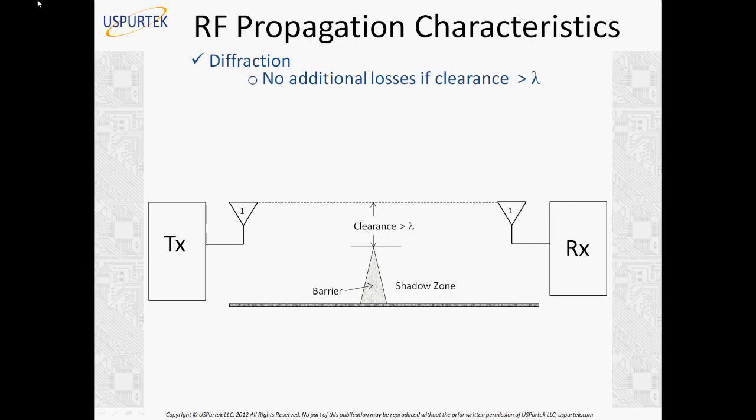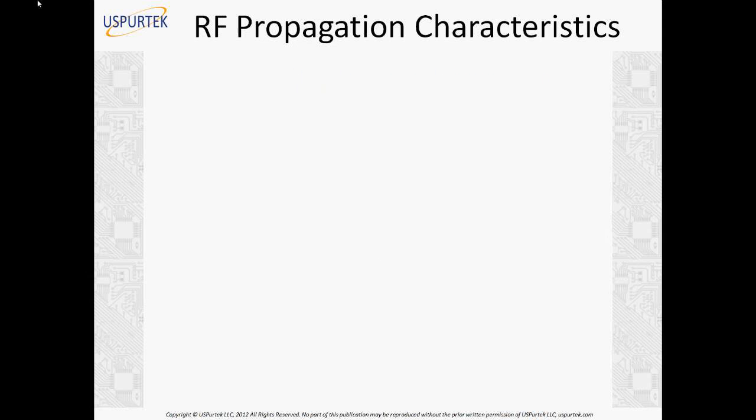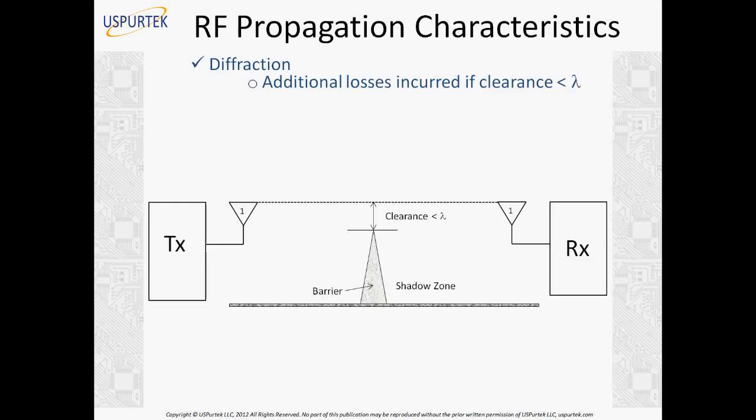The line of sight path has no impact. We just keep business as usual, as if this object was not there at all. But the situation changes when we have clearance less than one wavelength. That is when we have additional losses. It will start interfering with the line of sight propagation.